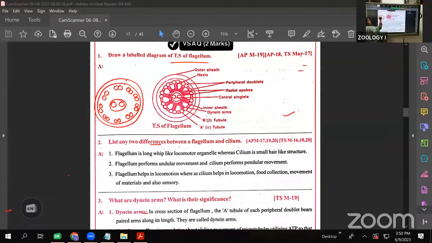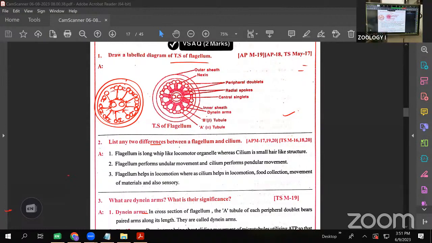Draw the arrow marks; these are the radial spokes. Each and every one you draw like this hair-like structure, which we call the dynein arms. Here, you almost join all those things.